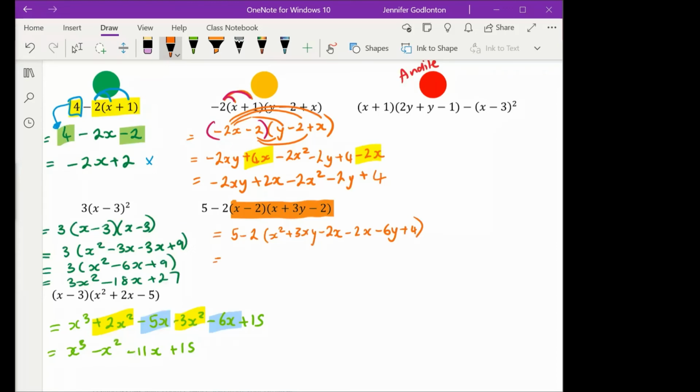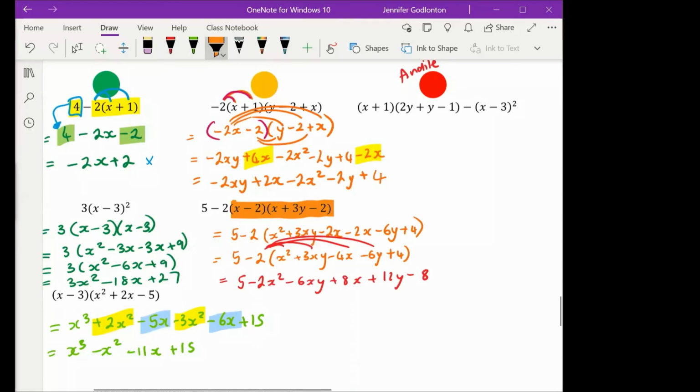Then I'm just going to simplify what I have in that bracket: x squared plus 3xy minus 4x minus 6y plus 4. And the only thing that's going to be distributed in is this negative 2. So now I have 5 minus 2x squared minus 6xy plus 8x plus 12y minus 8.